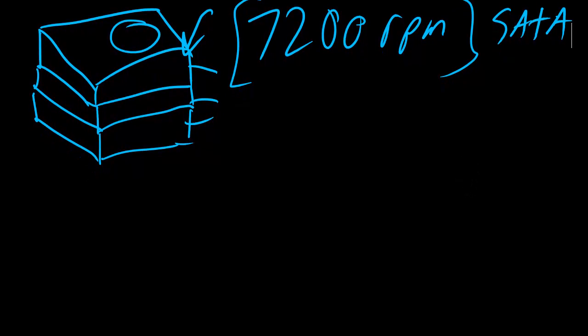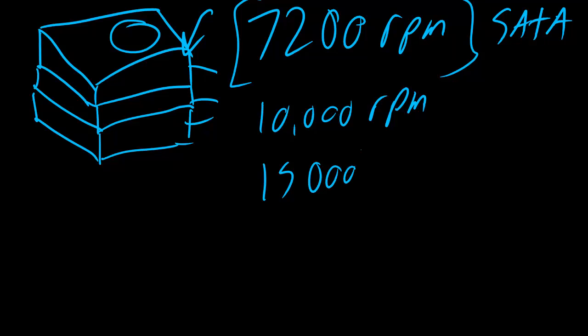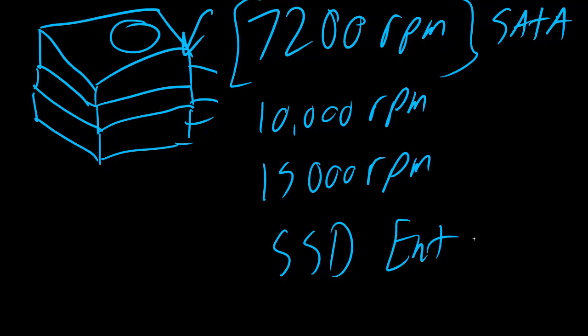When you move into server storage, we get 10,000 RPMs, 15,000 RPMs, and we also have solid-state disks that are enterprise level.